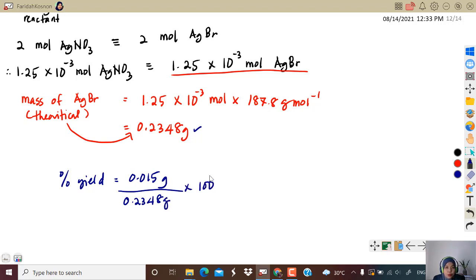So 0.015 bahagikan dengan 0.2348 times 100, around 6.39% only. Jadi sepatutnya you nampak kat sini bahawa actual yield memang biasanya kurang daripada theoretical yield. Percentage yield untuk kes ini sangat rendahlah, 6.39% sahaja.